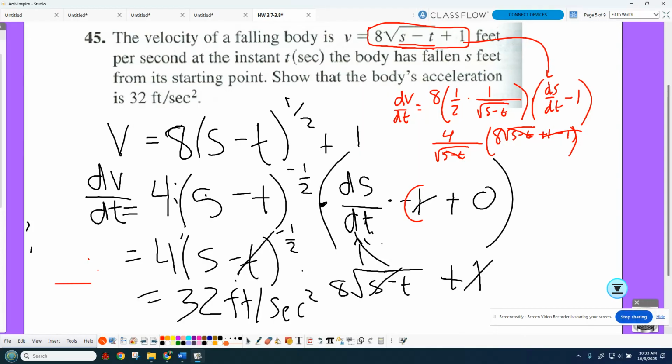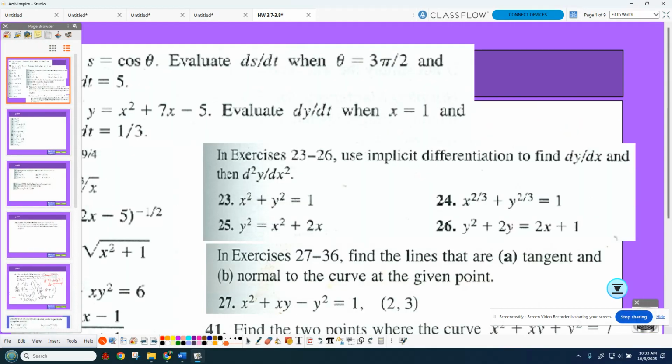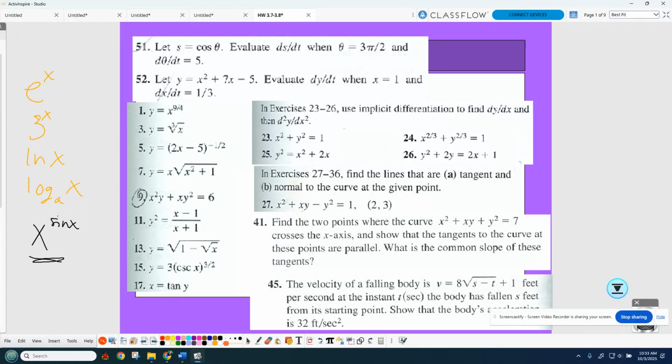Other questions from this day of implicit differentiation? Nothing? Okay.